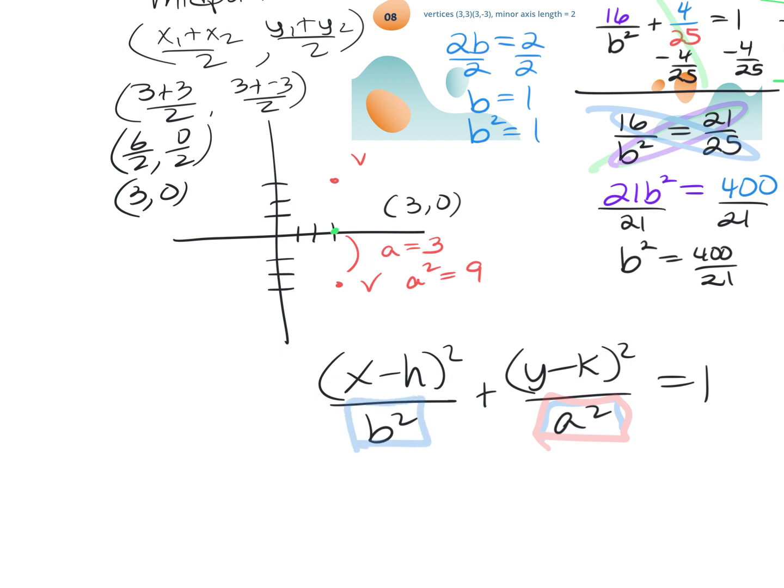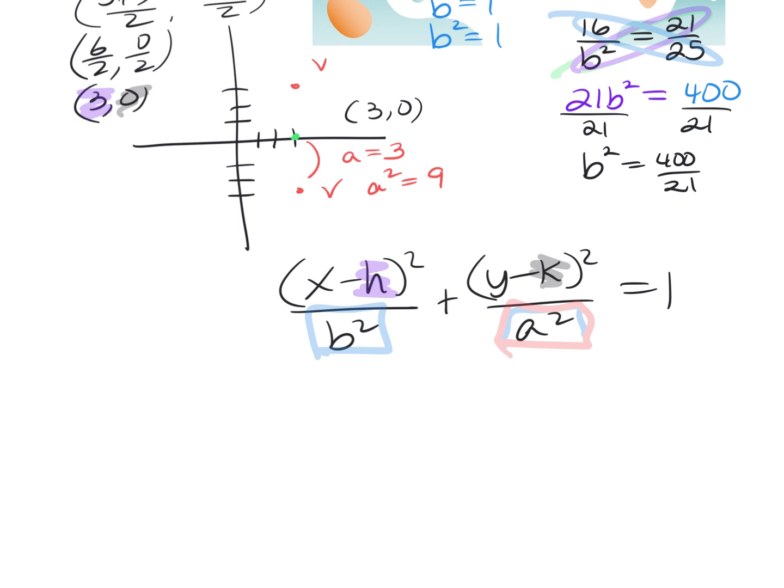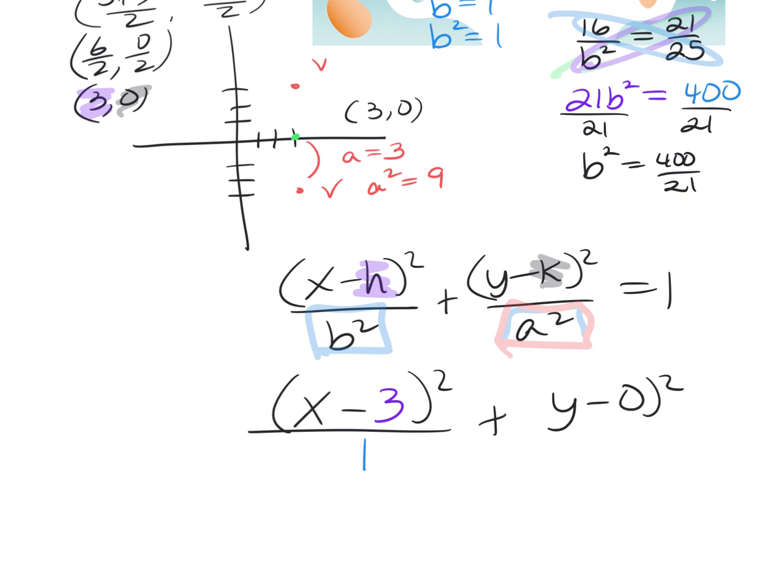And then I'm going to fill in my center point: the 3 for the h and then the 0 for the k. So let's fill it all in. So it'll be x minus 3 squared over B squared, which is 1, plus y minus k, which is 0, squared over A squared, which is 9, and then it's set equal to 1.